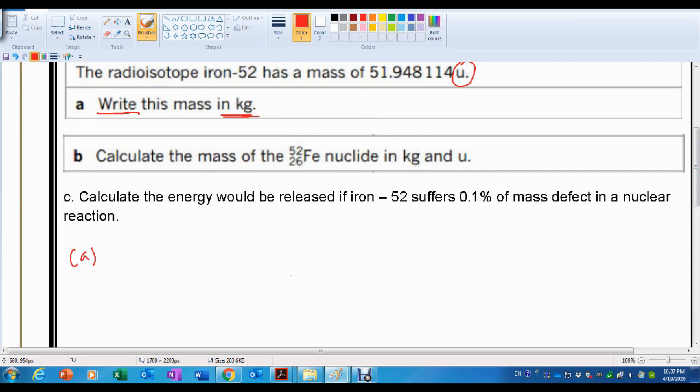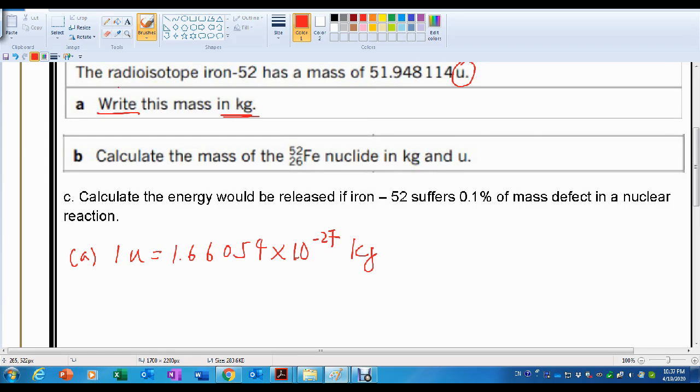Remember that we can go back to see the table. During the examination, you are going to be provided with the constant of 1 u, which is 1.66054 times 10 to the power minus 27 kilogram. If you want to change the mass in u to kilograms, it's simple, you just multiply by that number.